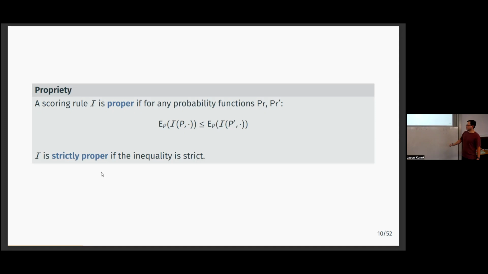With the absolute value score, the expected value is X that the score will be 1 minus Y, plus 1 minus X times Y. So to see it's not strictly proper, you can see that it's not actually even merely proper, but just say, let X be say 0.5 and Y be, let's say either 0.5 or 1.